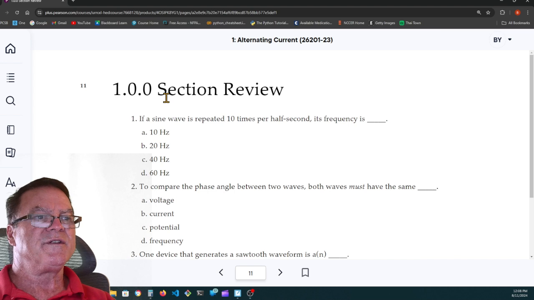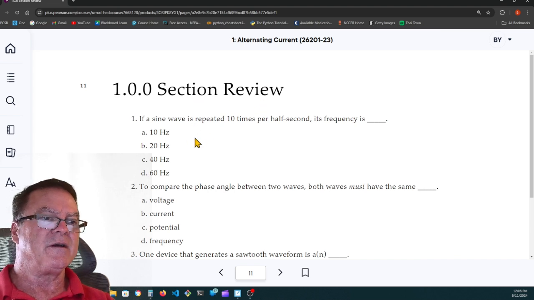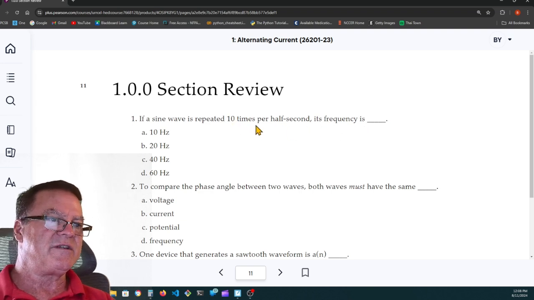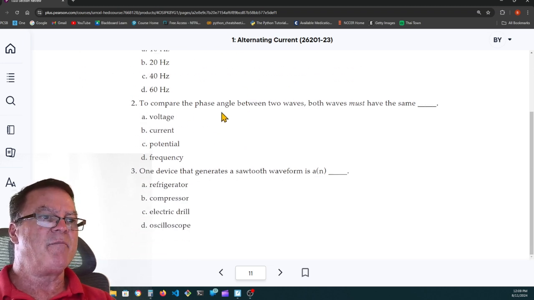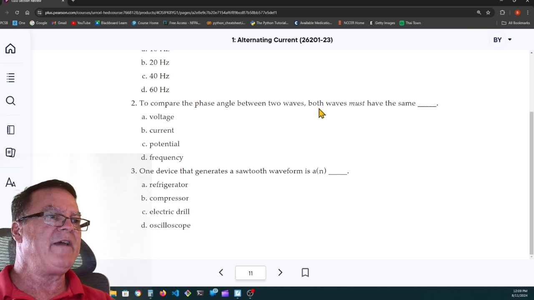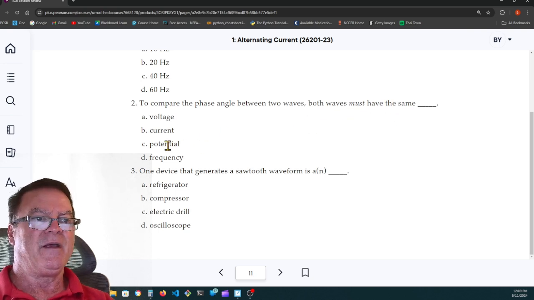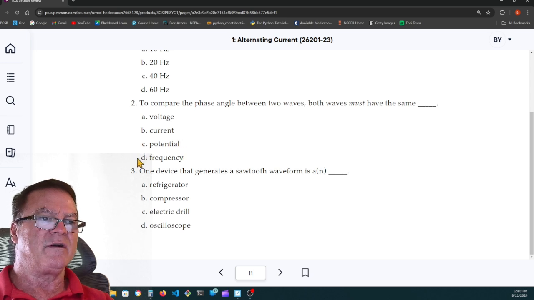So here's 1.0.0 section review. If a sine wave is repeated 10 times per half second, its frequency is, well, it's 20 times per second, so it's 20 hertz. I'm just going to go ahead and answer these. To compare a phase angle between two waveforms, both waves must have the same amplitude. Yeah, that's not even one of their answers.